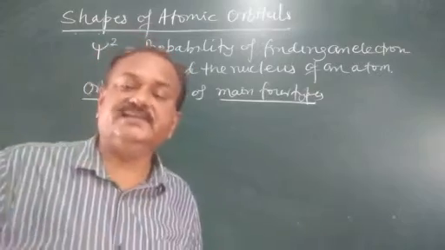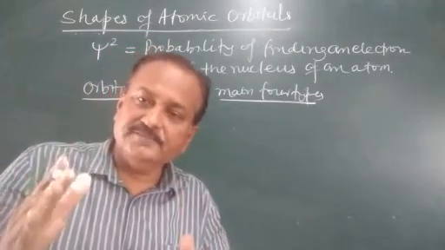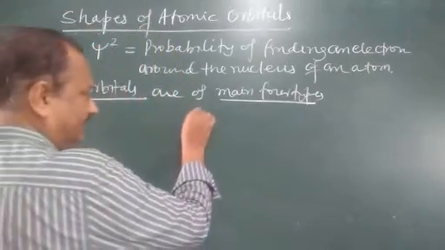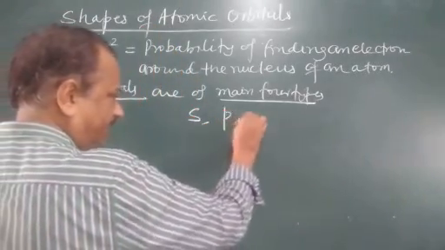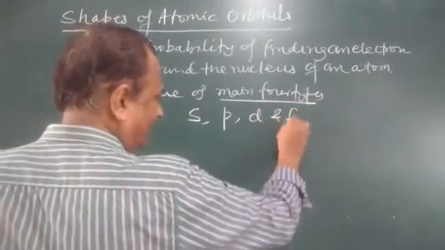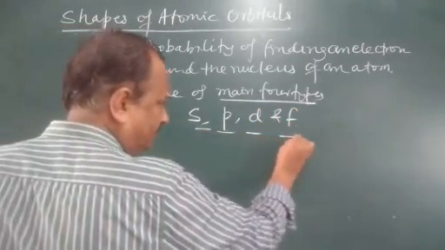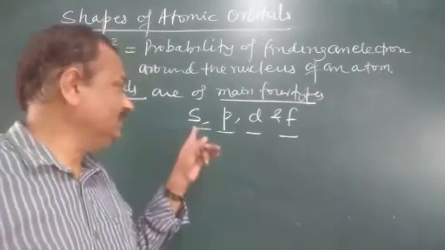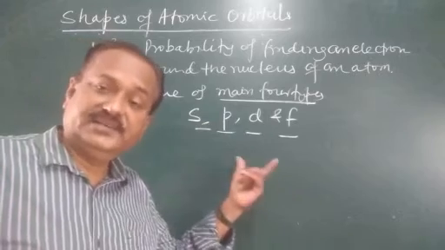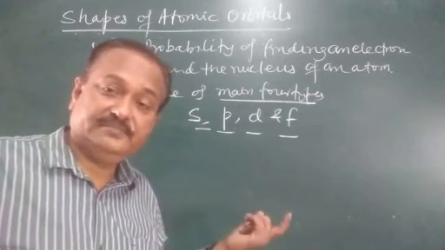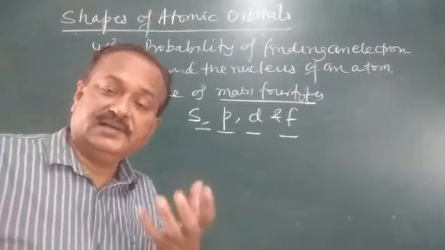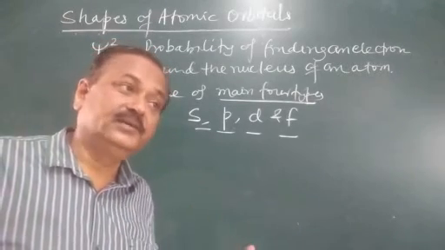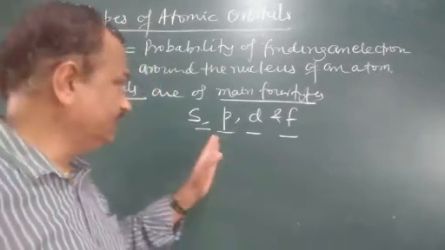They are significant and all the explanations are done by these only, and they are s, p, d and f. We always use small letters to represent. We do not write capital letters. It is symbolic. It is fixed. It has been given certain definite norms by the IUPAC committee or by the entire world. So s, p, d and f.